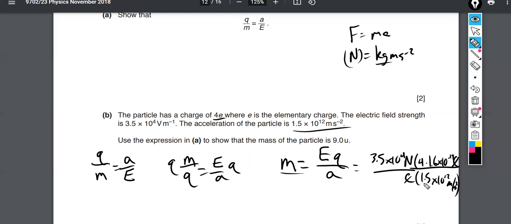So 6.4 by 10 to the negative 19 coulombs would be the charge, times 3.5 times 10 to the 4th newtons per coulomb electric field strength, divided by now the acceleration, 1.5 times 10 to the 12. It's a lot of acceleration.